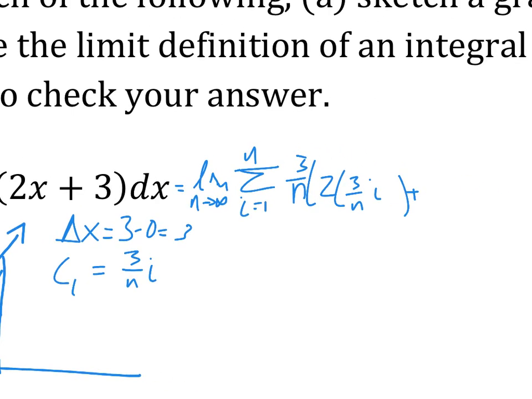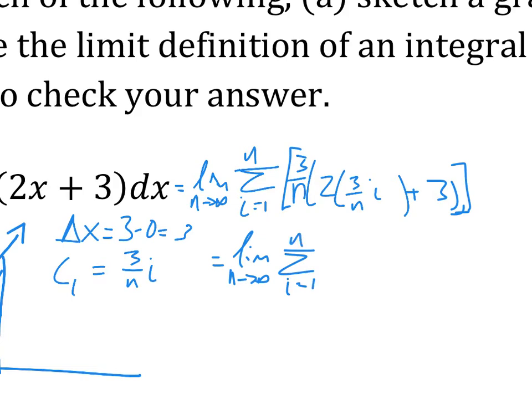All right, now we're going to evaluate this using what we know about summations. So the limit as n goes to infinity of the sum from i equals 1 to n.